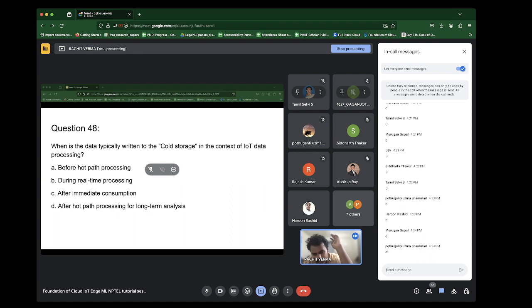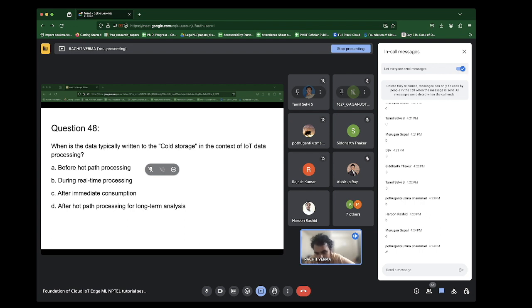When exactly does it become very hot, on feeding of which raw material? That kind of analysis will be done in cold storage. But before that you want to do some quick processing, that will happen in the hot path.